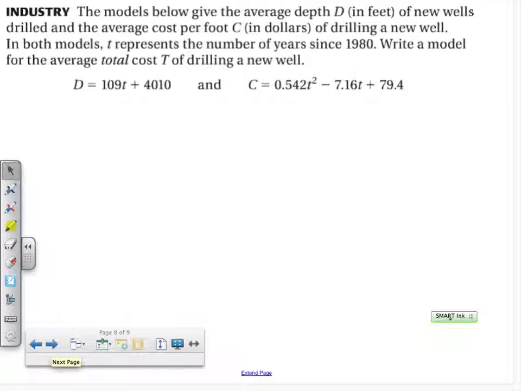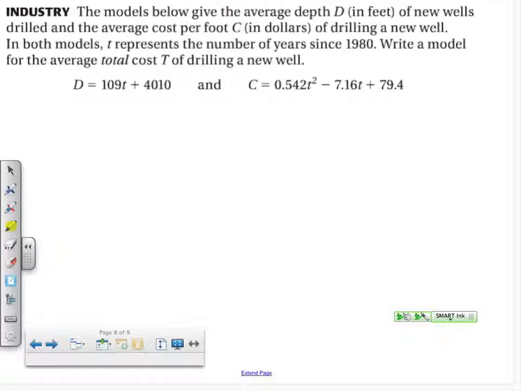All right, so here's kind of an application model. The tables below give the average depth of a new well drilled and the cost per foot of drilling a well. T represents number of years since 1980. Write a model for the average total cost of drilling a new well. So if D is depth and C is cost per foot, to find the total cost, we can take our depth times the cost per foot.